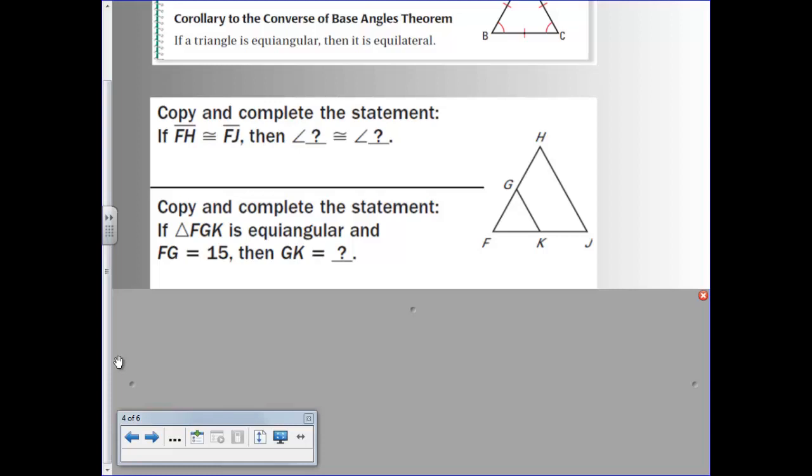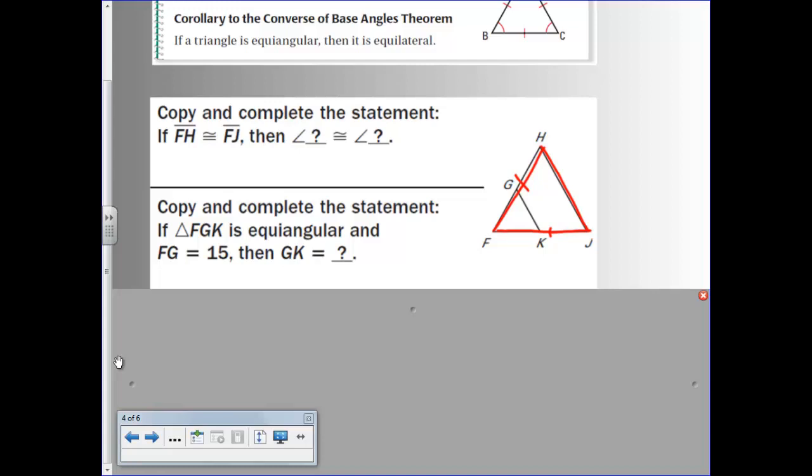It says if FH is congruent to FJ, if FH is right here, is congruent to FJ, then what angles are congruent? So I'm going to ignore this black line in here, and I'm really looking at this red triangle. If I have two sides that are congruent, what kind of triangle is that? It's isosceles, right?